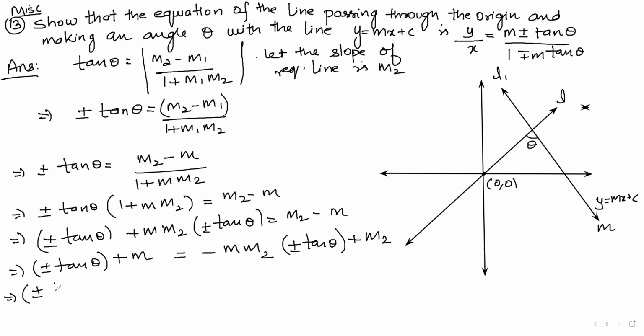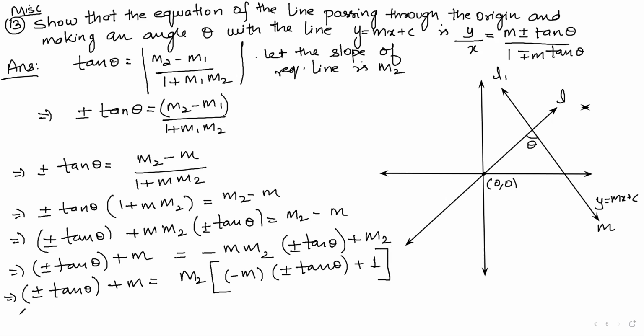So this is plus minus tan theta plus m is equal to, now take m2 common from here, so you will get m2 times minus m, and this is plus minus tan theta plus 1. Now this is a negative, okay, minus m into this remaining, we can write this as m plus minus tan theta.